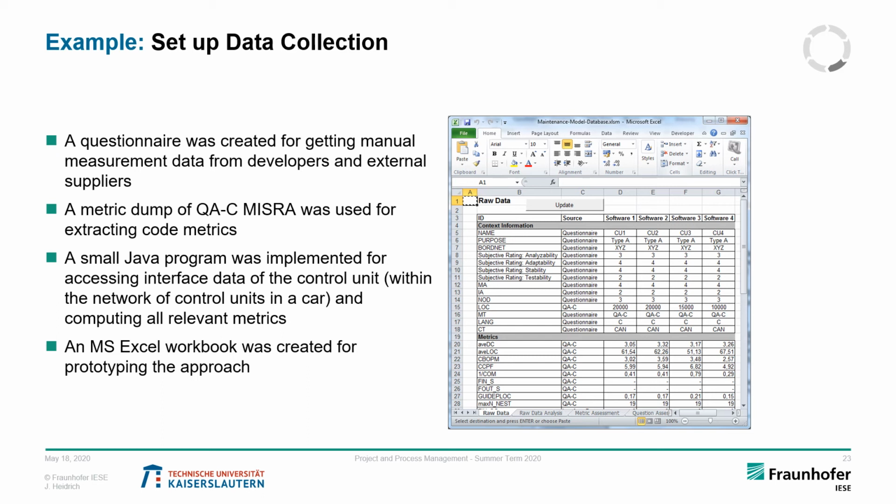It comes, or you can buy it with the MISRA extension, so that basically gives us the code metrics that you have seen in the static code analysis learning module. And based on that, we implemented a small Java program at Fraunhofer for assessing interface data of the control unit within the network of control units in a car, and compute the relevant metrics.